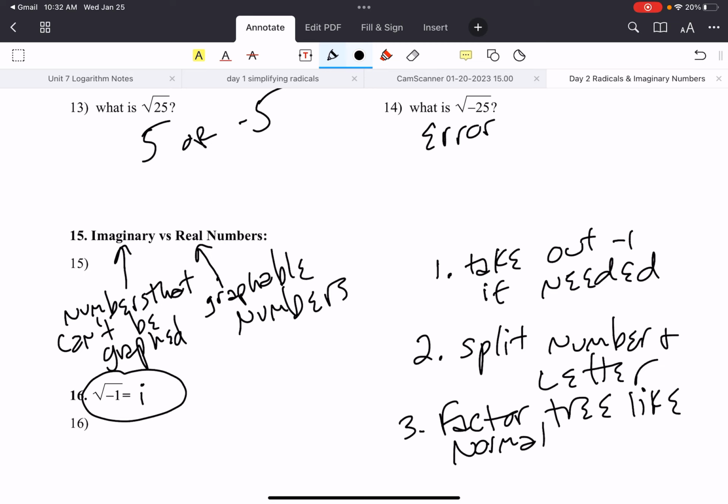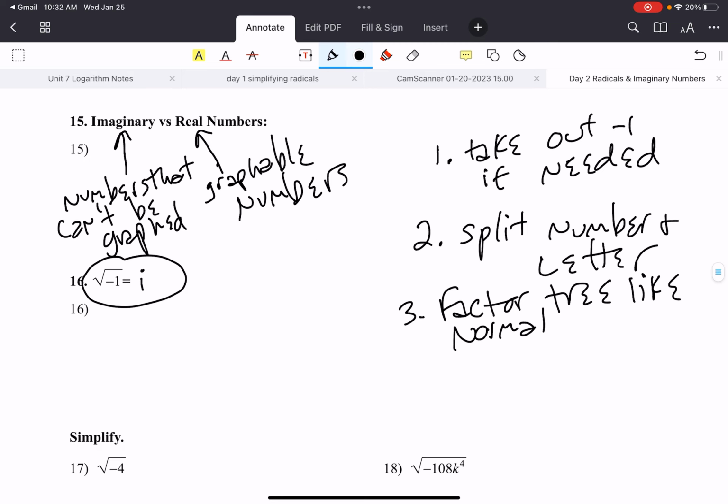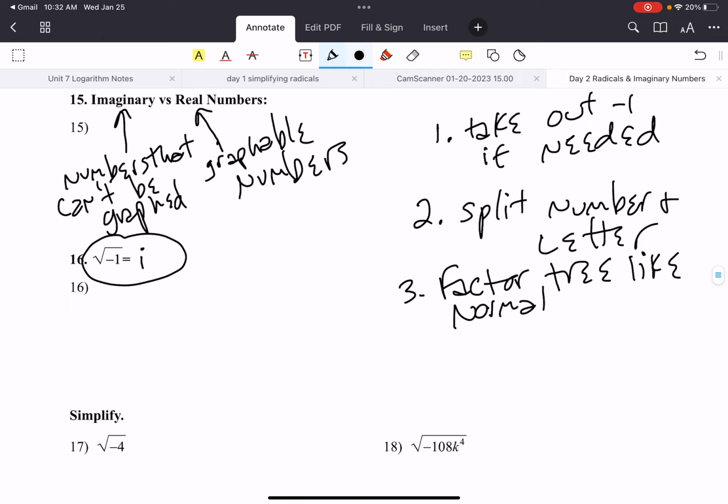Okay, let's do a bunch of examples, as many as time will allow. Okay, step 1, take out the negative. So when I'm making my factor tree, I'm going to take out my negative first. -1 is done. But how can I split 4?